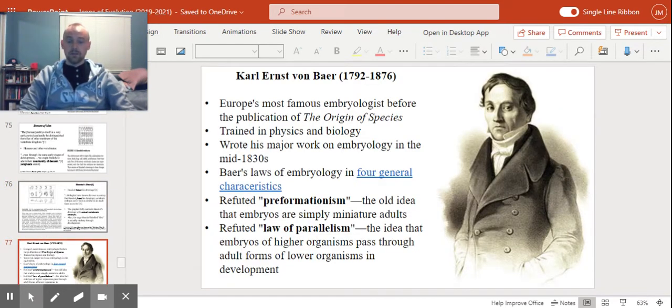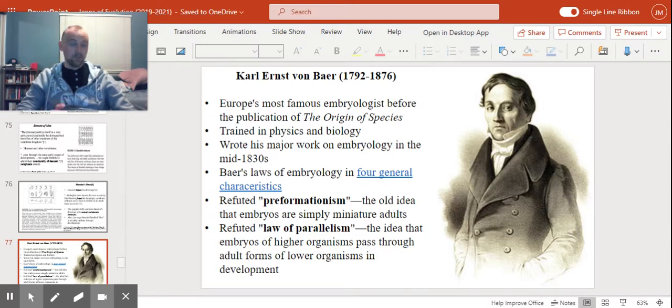This guy, Karl Ernst von Baer, was Europe's most famous embryologist before the publication of Origin of Species, and he trained in physics and biology. He wrote his major work on embryology in the mid-1830s. Baer's law of embryology has four general characteristics, and he supposedly refuted what was called preformationism, the old idea that embryos are simply miniature adults.